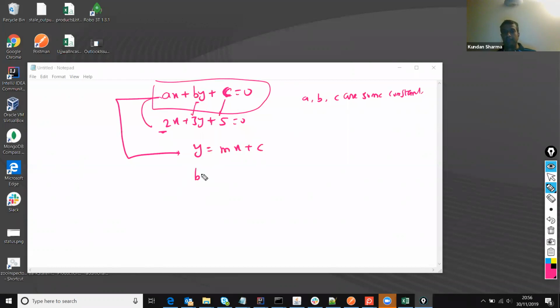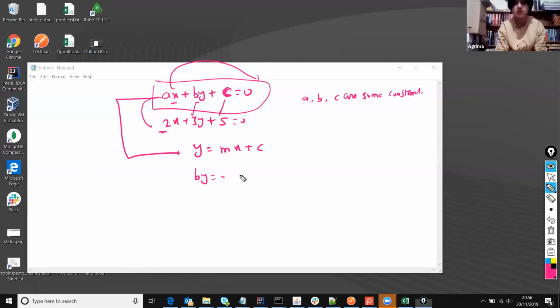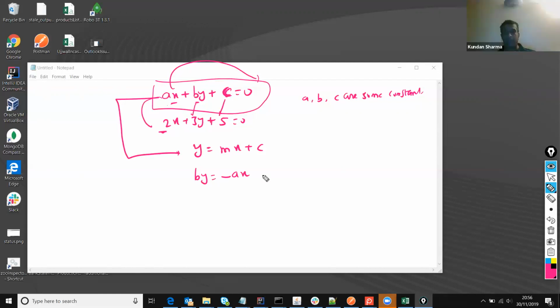I'm going to keep by, and what is going to happen to ax if I transfer it to the right hand side? Agrima? -ax. It will become -ax, and this c will become -c.